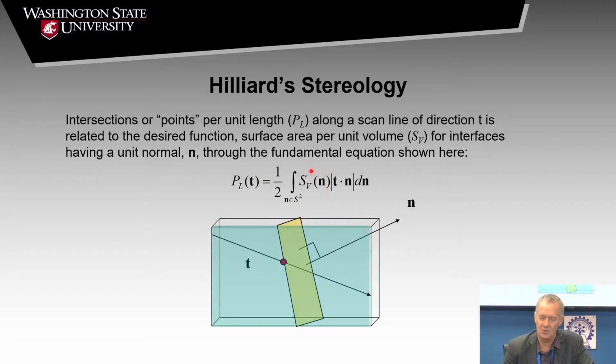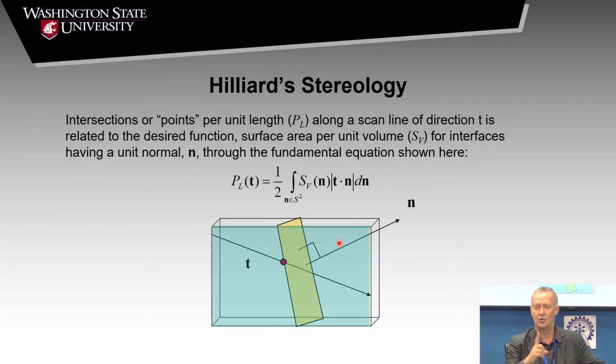This is the function I want to know, the surface area per unit volume with boundary normal n. And if I scan in enough directions t, and I integrate over this space of all n's, I have t dot n, right? So if they're aligned, then I have a lot of those, and if they're not aligned, then I won't have any intercepts.